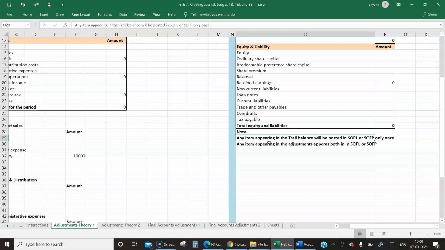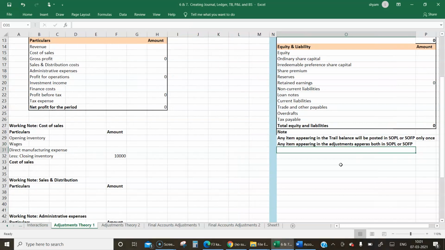But if any item appears in the adjustments, it appears both in SOPL and SOFP, once in SOPL and once in SOFP. As it appears in both, the balance sheet will again tally.